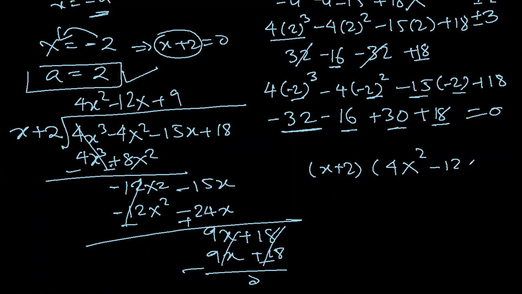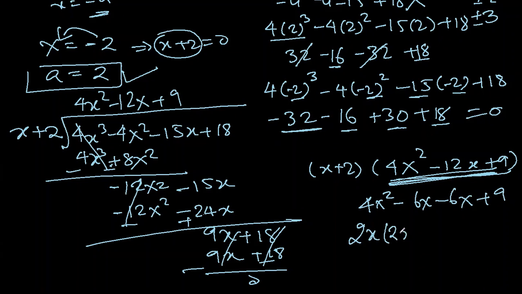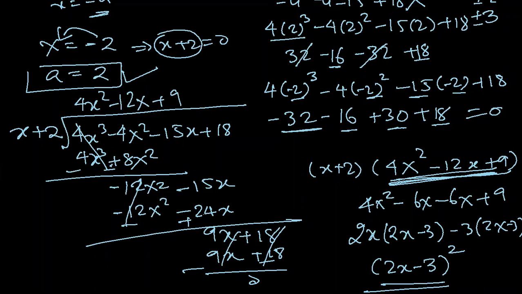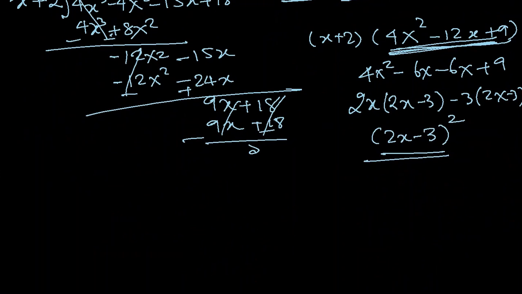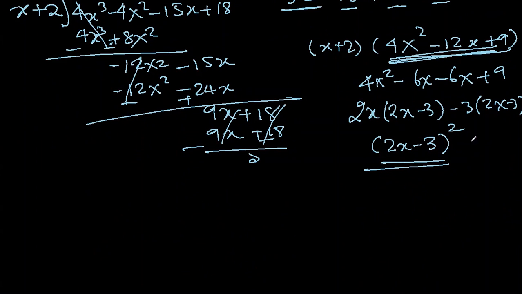Second one is 4x squared minus 12x plus 9. And we can use the factoring method to factor the second part also. Let me do that. So we got the factors 2x minus 3, and obviously they are not giving any integer.